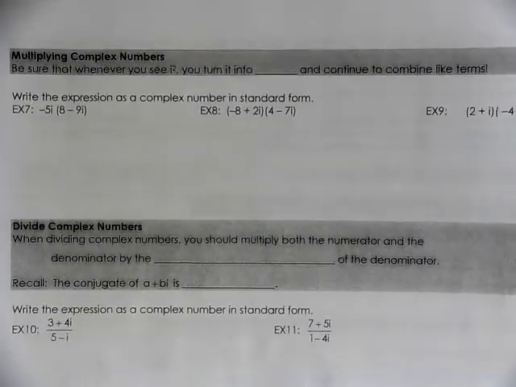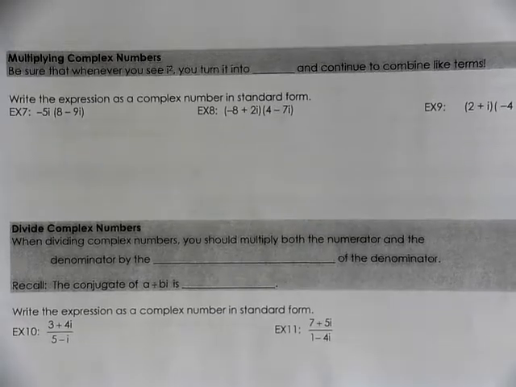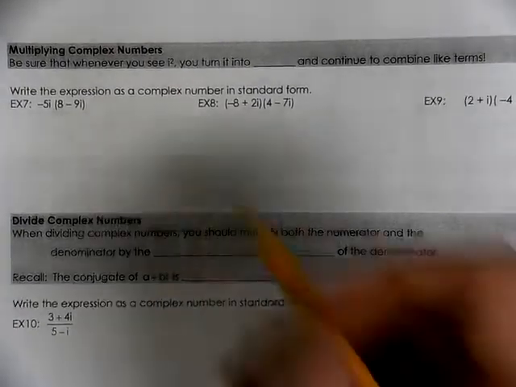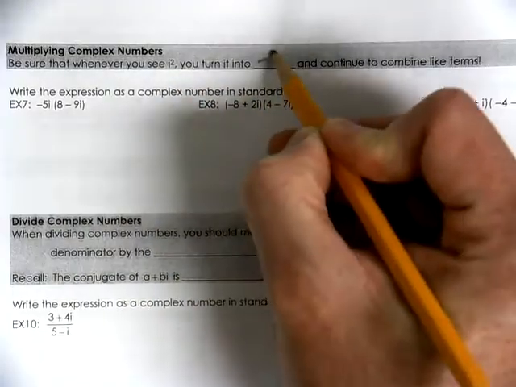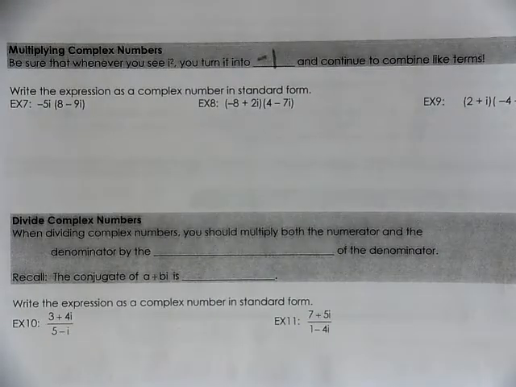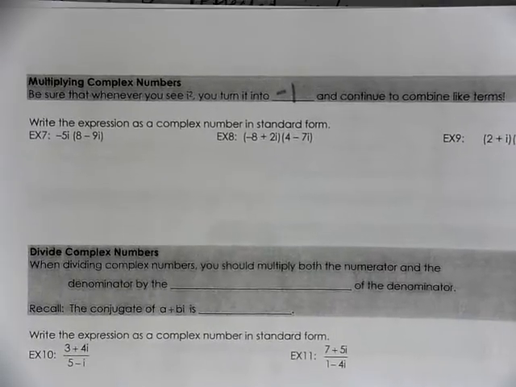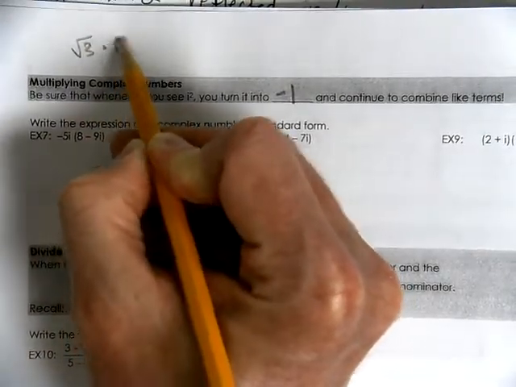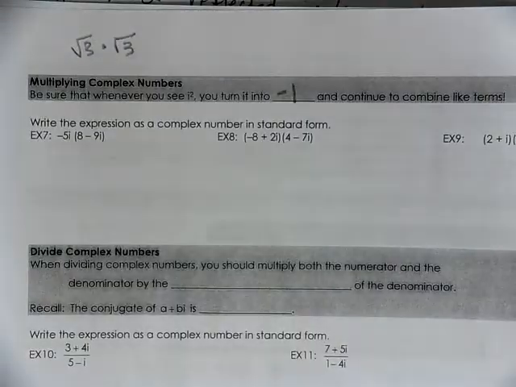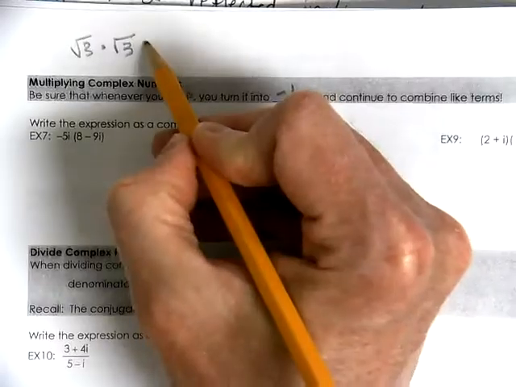Now we come into that concept of having i times i. I squared, where we see i squared, we get the value of -1. Let's think about this for a moment. When we have square root of 3 times the square root of 3, that is the value of 3.